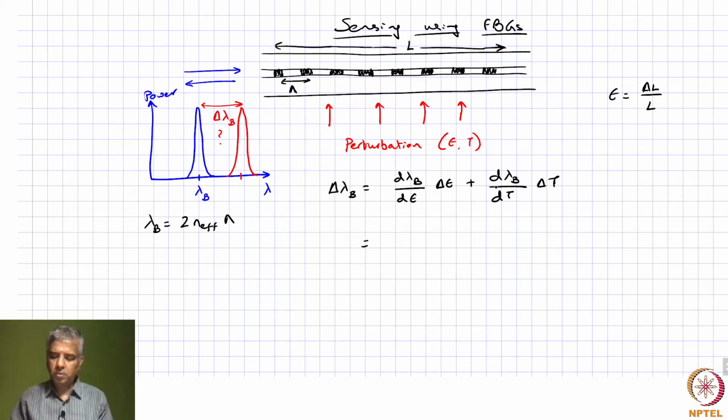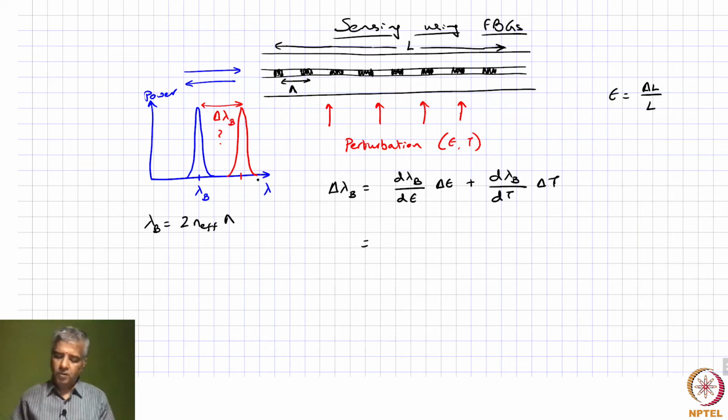Similarly, when we talk about the change in lambda B with respect to temperature, you have one change which is the change in capital lambda, the period, which corresponds to the thermal expansion coefficient. That is more commonly known. But what's not as commonly known is the fact that the refractive index also changes, and that is called the thermo-optic effect.